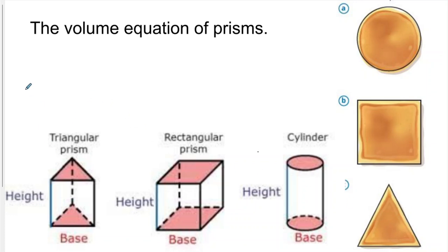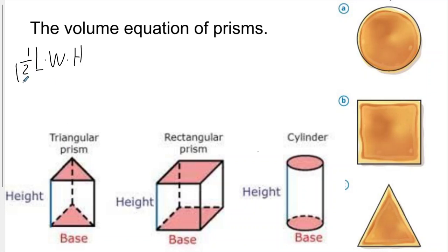So the area of a triangle would be 1/2. And I guess here if I said base times height, and then I had my height here. So I'm not going to use base times height. That's going to get a little confusing. Let's say 1/2 length times width times height.